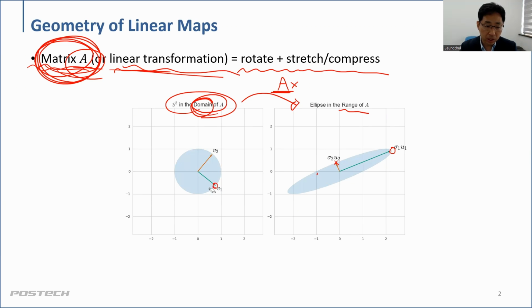And by looking at here, say if you have a circle like that, a unit circle, we're gonna rotate the unit circle, and in that case, stretched and compressed by A. There are a lot of things that I can say and we can discuss, but I'm gonna skip all of them.